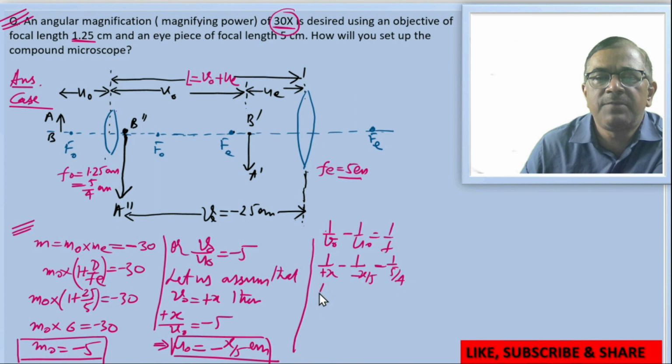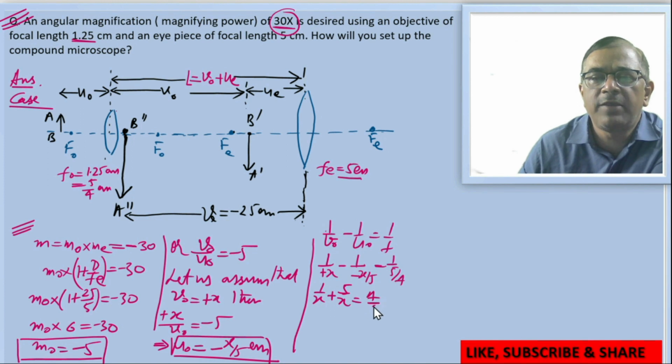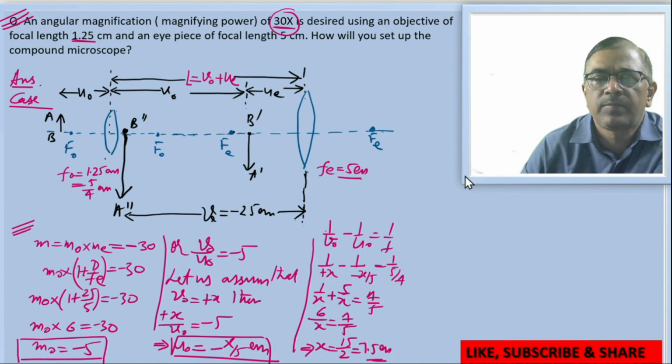This makes 1 by X plus 5 by X equals how much? 4 by 5, or this makes 6 by X equals 4 by 5, and this implies that X equals 15 by 2 equals 7.5 centimeters.